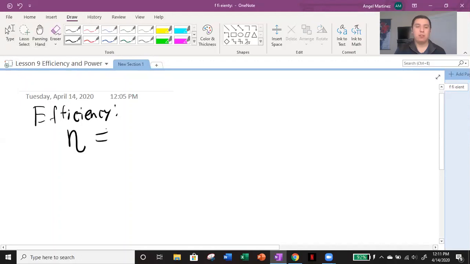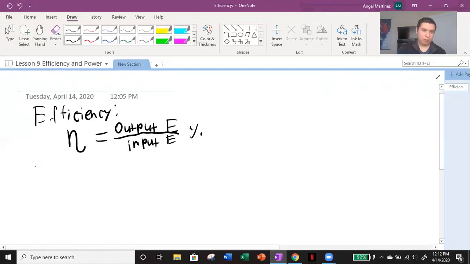I'm just going to use that. This equals output work, or output energy, divided by input energy. And we should do it in a percentage.